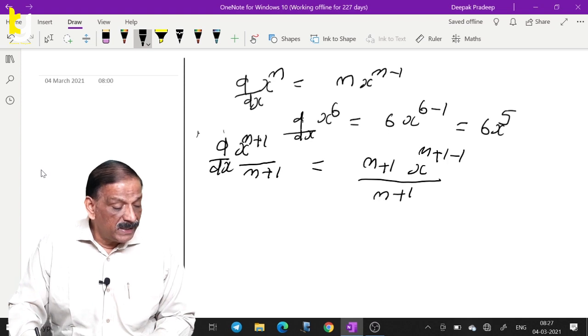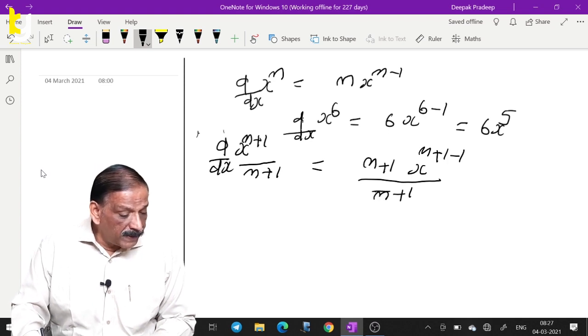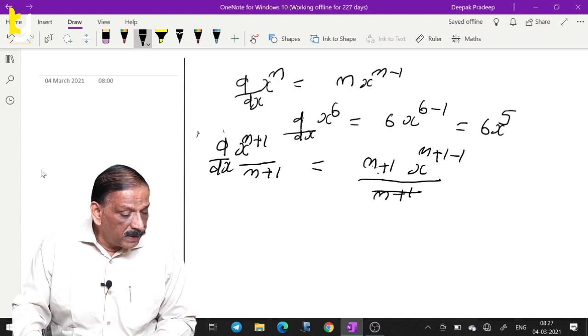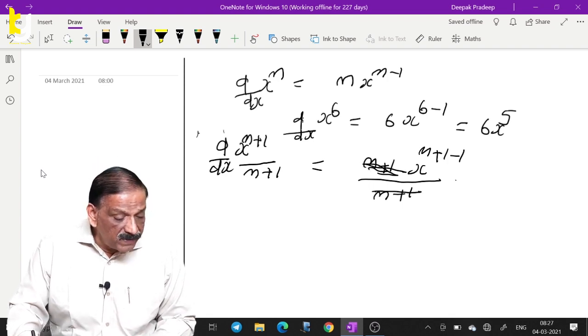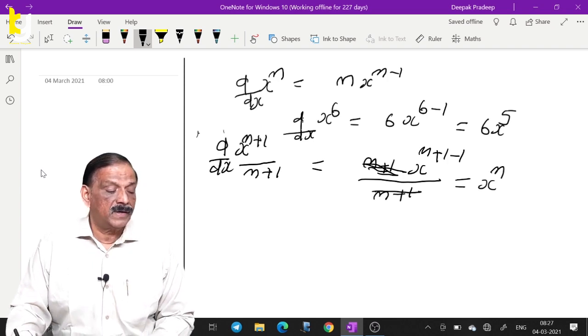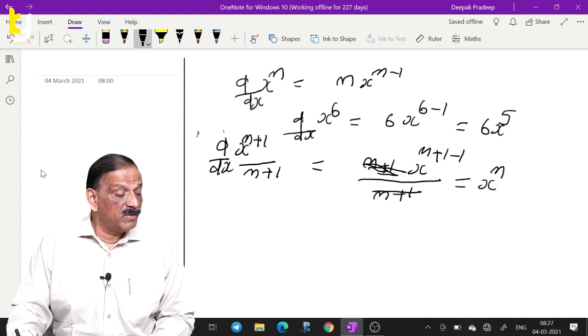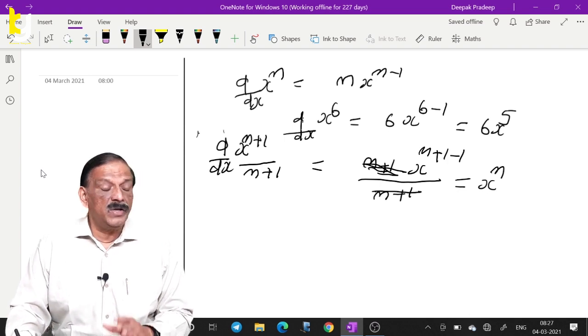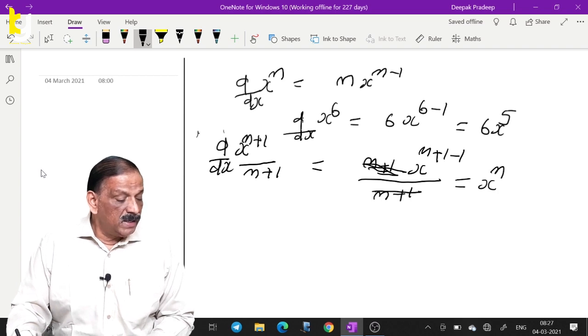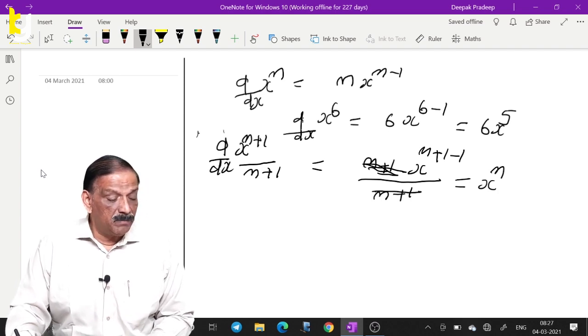Clear? n plus 1 and n plus 1 we can cancel. So this is equal to x raised to n. Similarly, d by dx of x raised to n plus 1 divided by n plus 1 is equal to x raised to n.